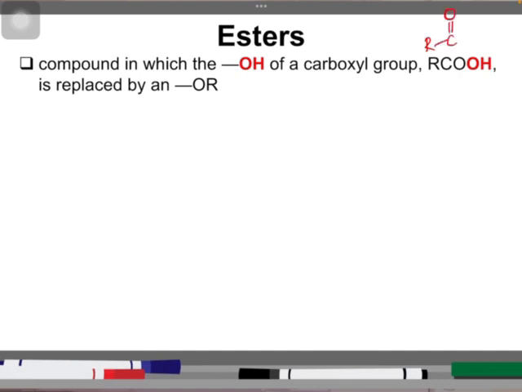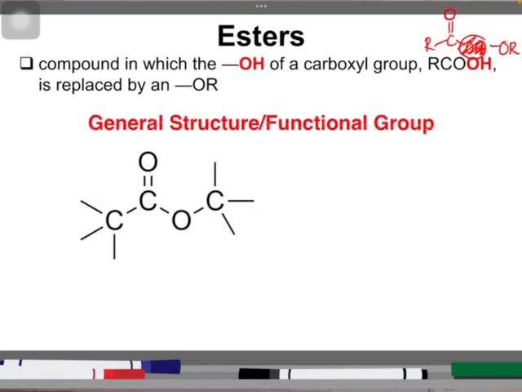So yung OH part dito, natatanggal yan, and then pinapalitan siya ng OR. So kapag yung structure nyo ay may ganyang part, then you call it an ester. So here's the general structure or the functional group: you have the C double bond O, and then you have the OR. Yung R kasi dyan, it means pwede ka maglagay ng mga carbons doon.